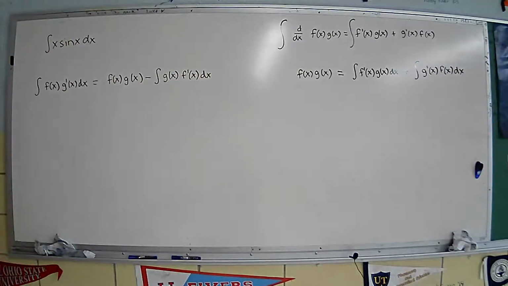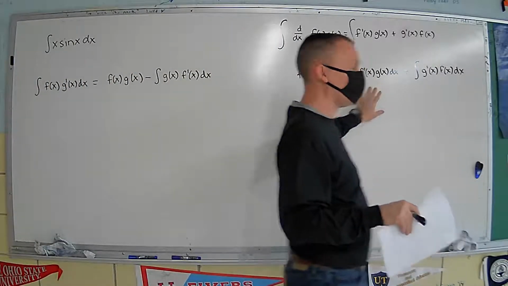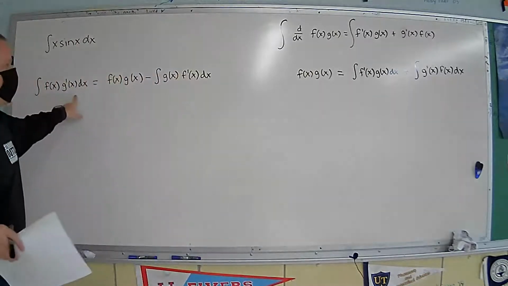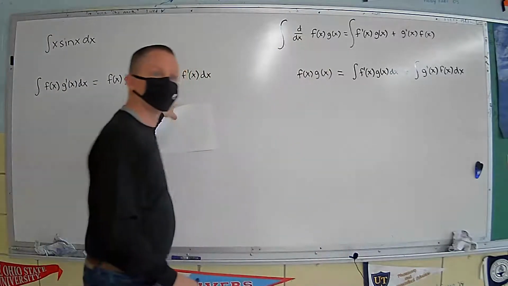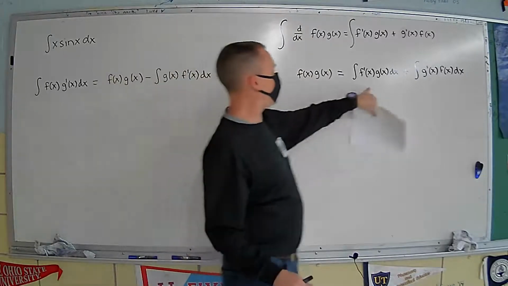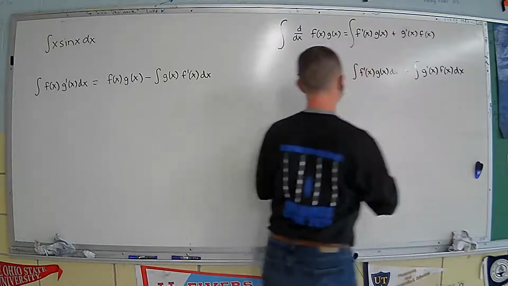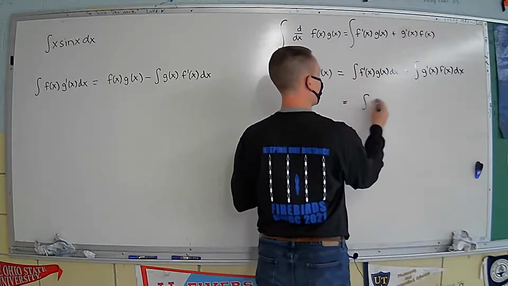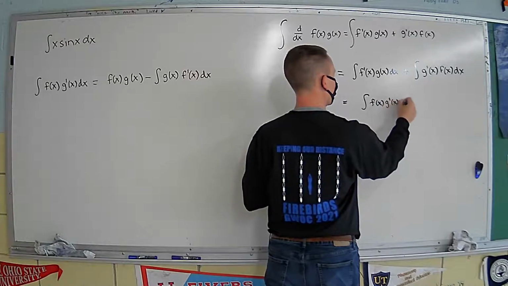Okay. So now you can see if I solve this right here for fg prime, I'm going to get that. If I solve this for the integral of fg prime, which is this guy right here, I can rewrite that as f of x, g prime of x.